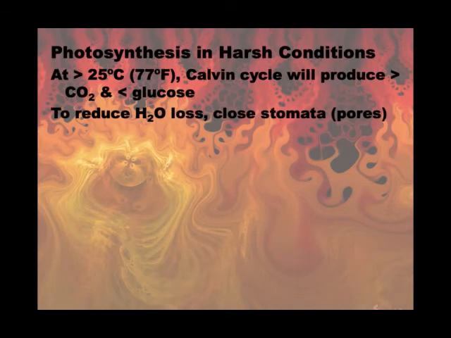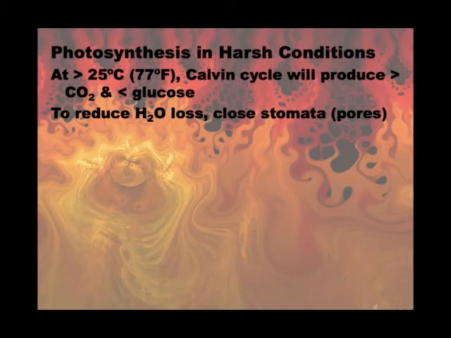So to reduce the loss of water, plants often close their stomata, which are little tiny pores in the surface. They're kind of like eyelids, and they can open up and then water and other gases can leave. Also, new gases can come in.